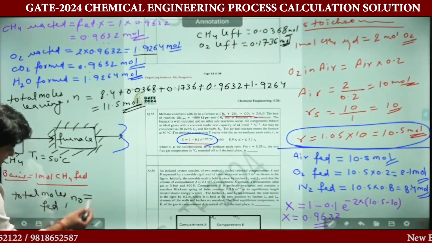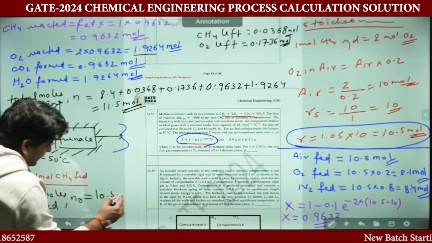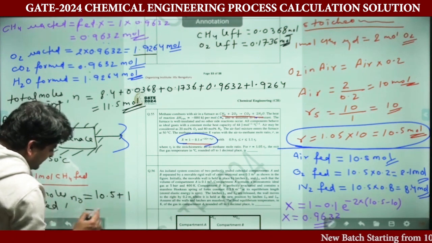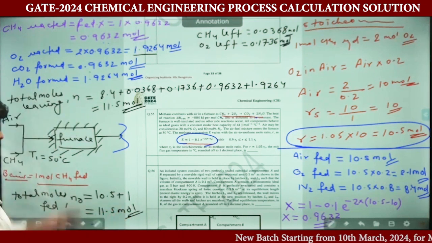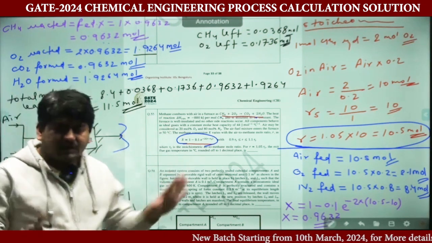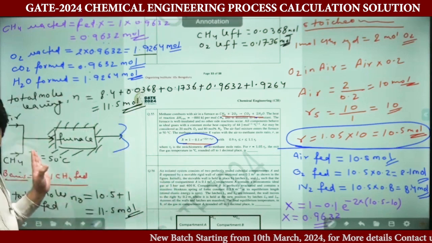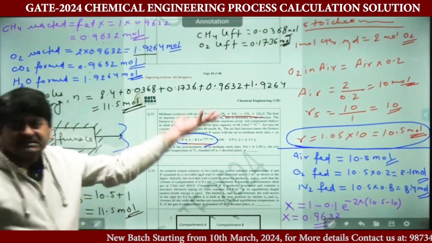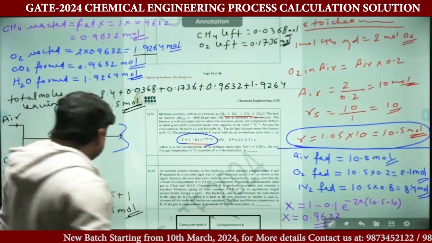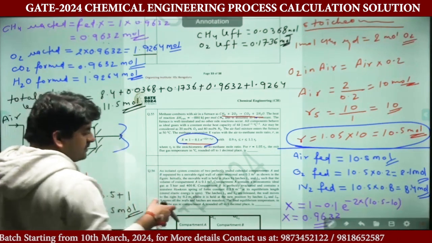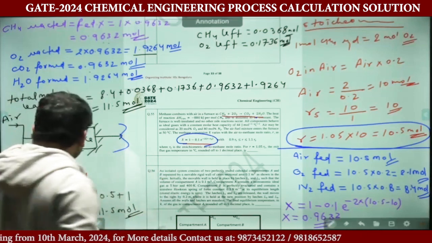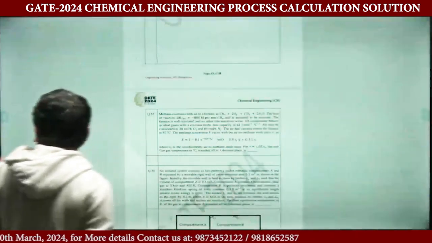Air fed 10.5 plus CH4 fed 1, that is 11.5 mole. So it is obvious that total moles entering and total moles leaving are same. I hope everything is clear till this part. Now just energy balance and you will get your answer. So I am clearing all this. If you want to see, you can pause the screen and check again.